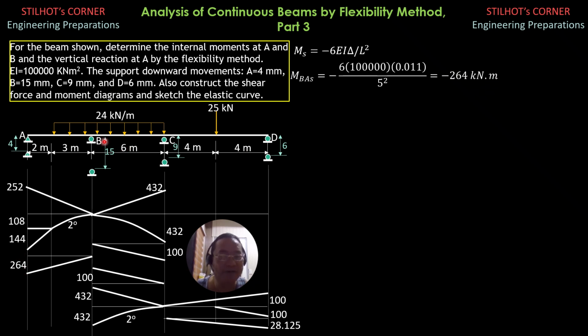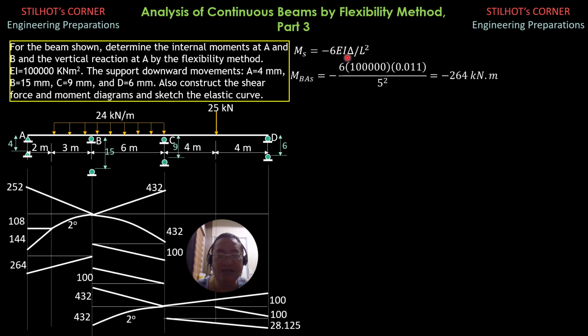Then for span BC, due to the load, we have 24 times 6 times 3, and that's 432, second degree also. Due to the reaction, it should also be 432. Then this negative 100 here is due to the side sway moment BC. C is above B by 6 mm, 15 minus 9 is 6 mm, or 0.006.